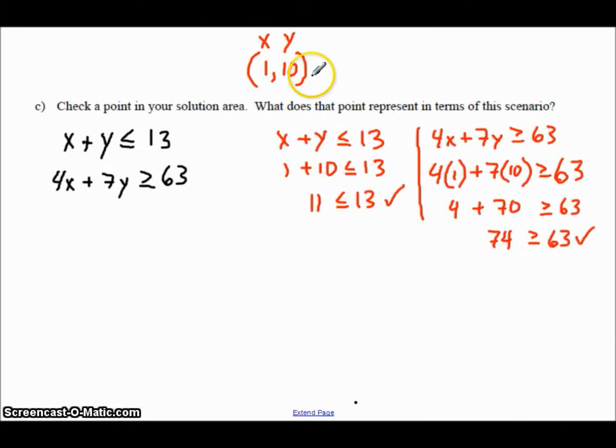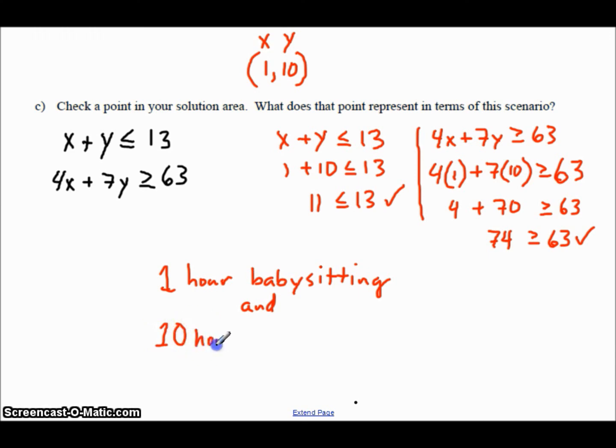So what this solution (1, 10) means is that 1 hour babysitting and 10 hours tutoring, that's what that point represents, and that means that that would be an acceptable solution.